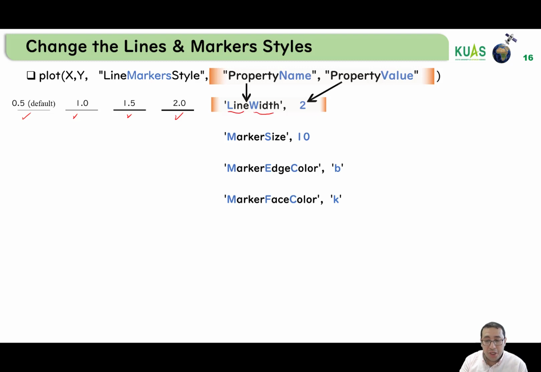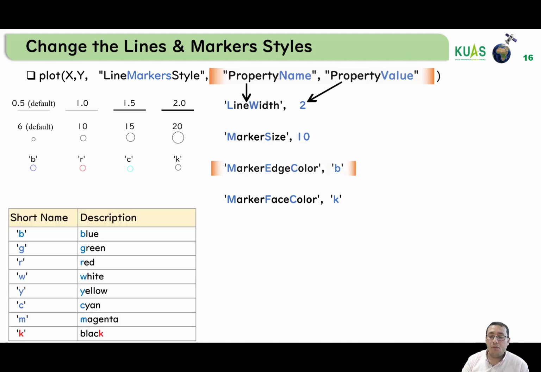For the marker size, the default is size 6, but we could increase the size, for example, to 10 or 15 or 20, or even make it smaller, like 2 or 3 or 4. So we can change the marker size based on our preference.